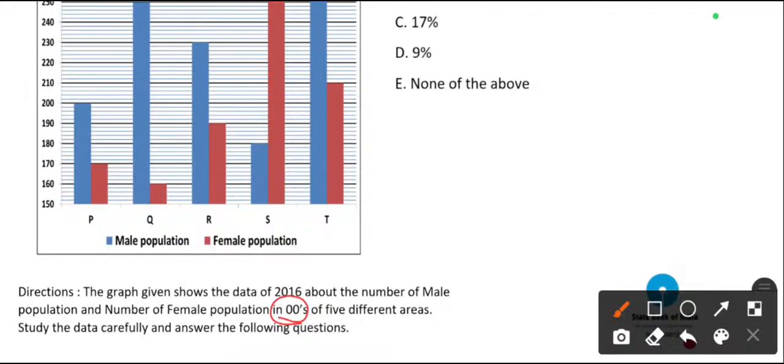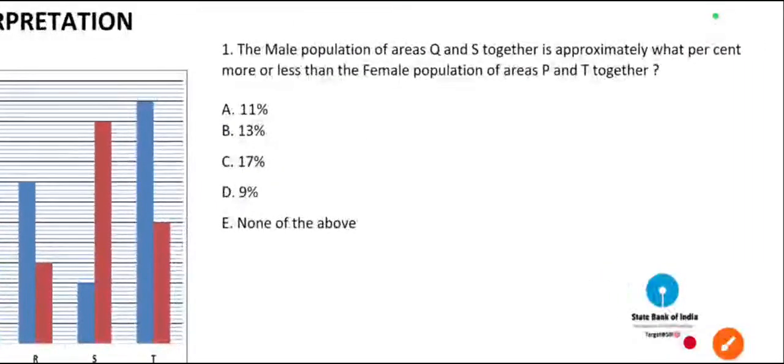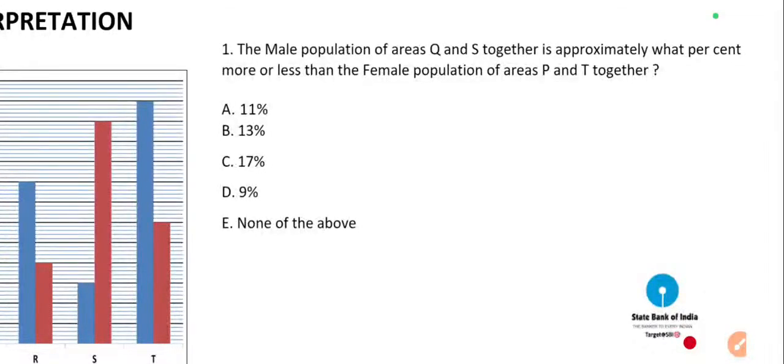The male population of area Q is 250 and S is 180. Both together will be 430. Is approximately what percentage more or less than the female population in P and T? P is 170 and T is 210. So together it will be 380. Difference between these two.